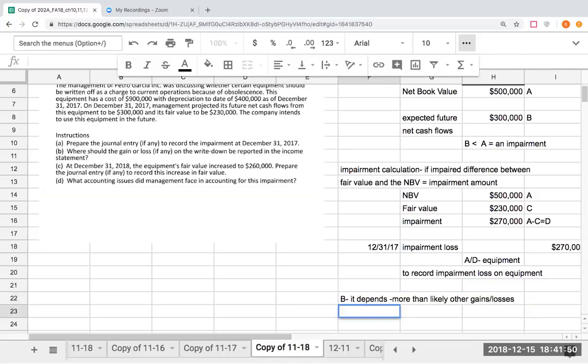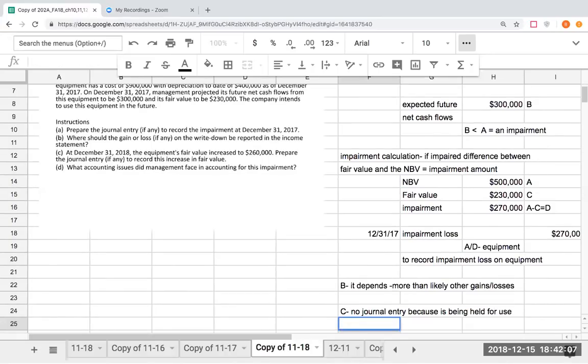Letter C, it increased to 260. No journal entry because the asset is being held for use. What accounting issues does management face in accounting for this impairment?